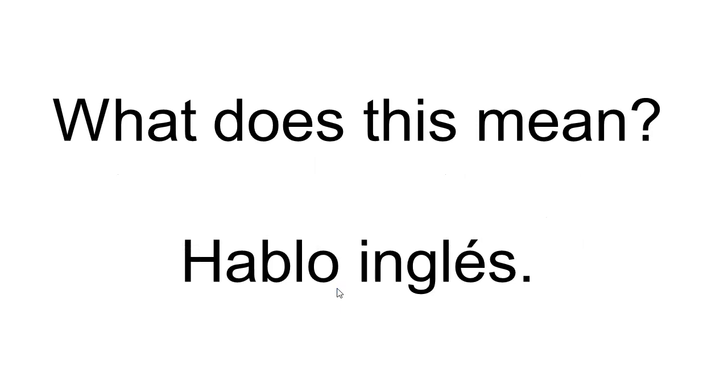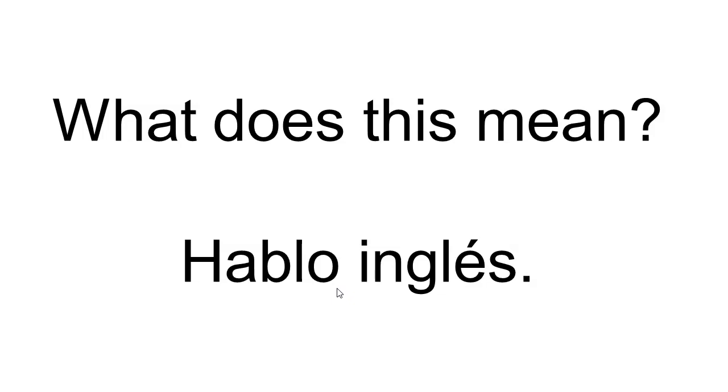Okay, so now that you know how to do the conjugation, there's one more important aspect to conjugated verbs in the present tense in Spanish. When you conjugate a verb in the present tense, it actually has at least 3 meanings. So my question is, what does hablo inglés mean? You'll probably say, well, it means I speak English.